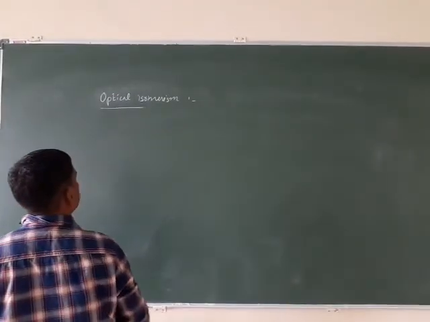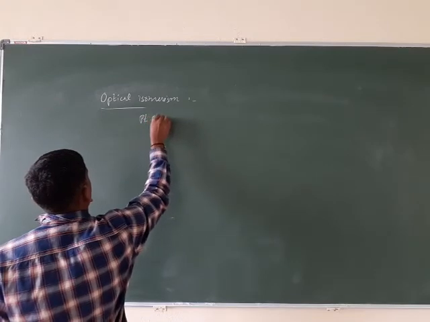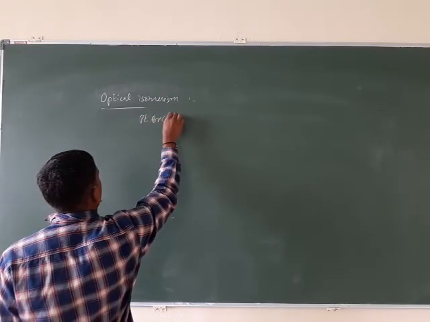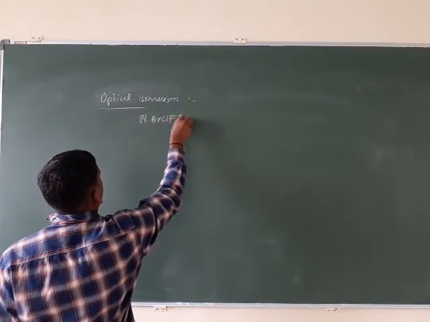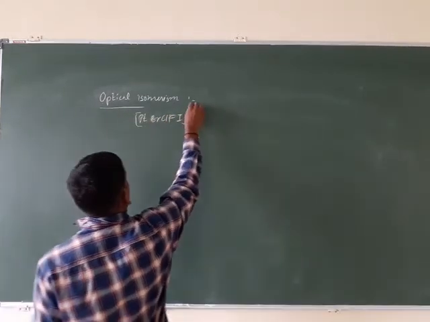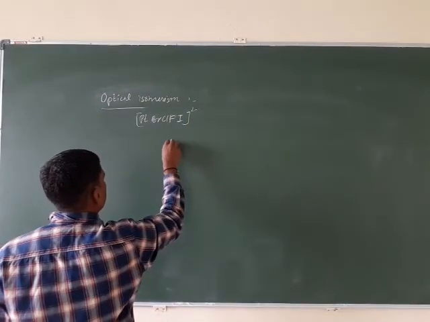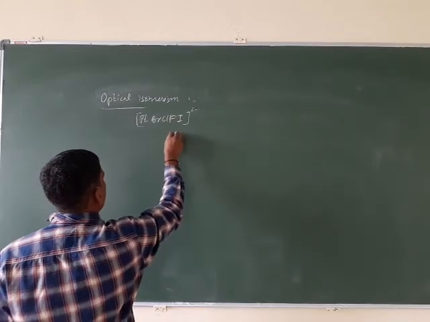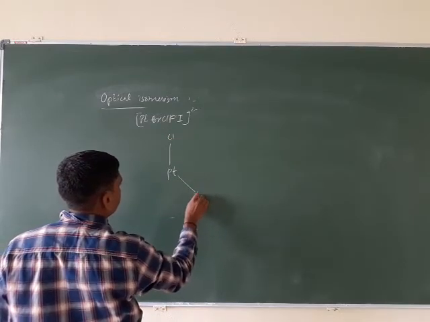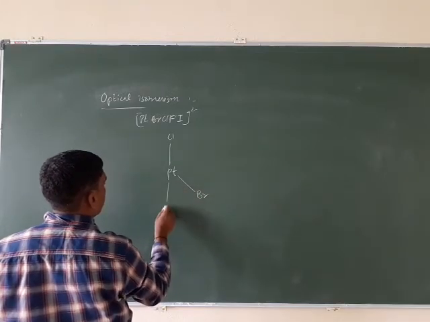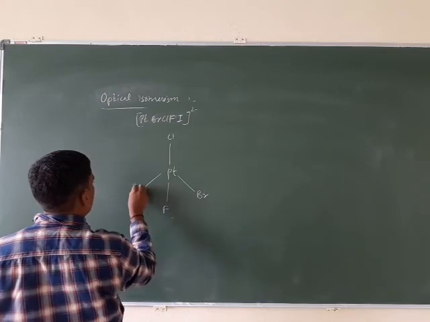We will take one example for this: the Pt complex [Pt(Br)(Cl)(F)(I)]2-. We are considering it as a tetrahedral complex, with F and I here.